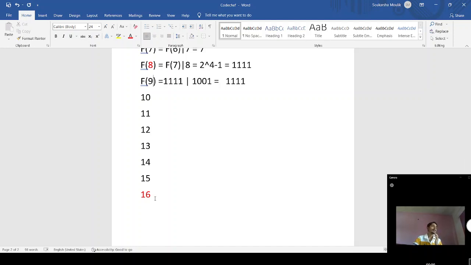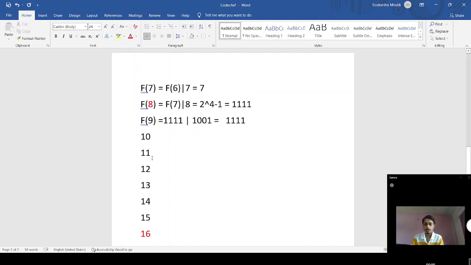So it will take a lot of time if we try to calculate at which position f of i is equal to f of i minus 1, and we will get TLE. We want to avoid the TLE, so we try to find the indices where f of i is not equal to f of i minus 1, and as explained a few minutes ago, those are the indices which are powers of 2.